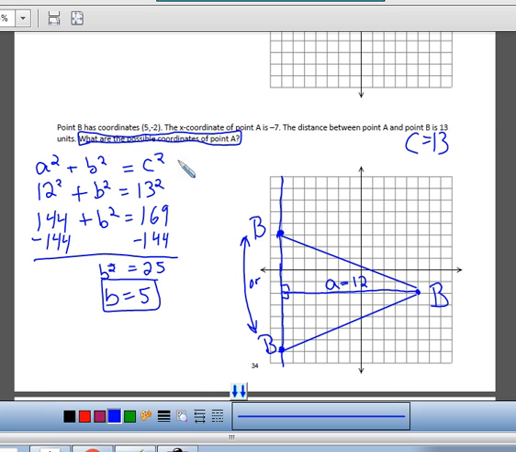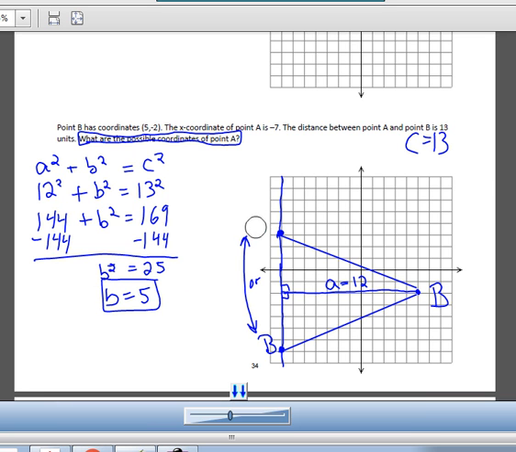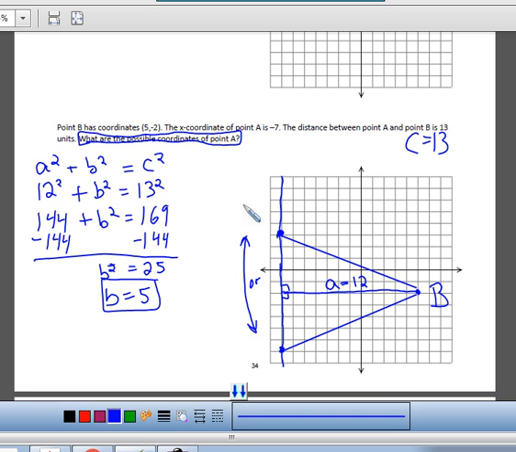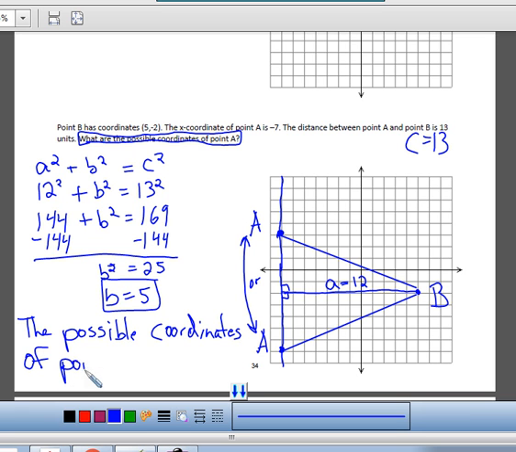So let's answer the question, what are the possible coordinates of point A? Oops, I bet some of you noticed I made a mistake all along. It's A. The possible coordinates of point A are, so one possibility is -7, 3.